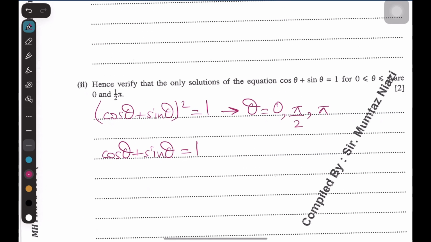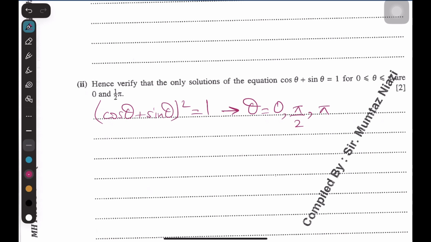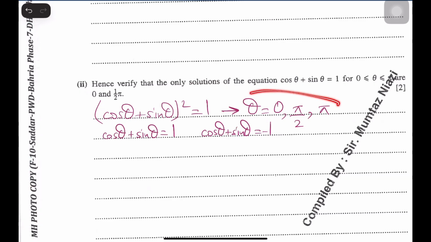So if we work on this equation that we had in the first part, we can shift the square to the right and we'll get cos theta plus sin theta equals square root of 1, and we'll have a positive and negative. So we basically have positive 1 and negative 1. So we have cos theta plus sin theta equals positive 1, and cos theta plus sin theta equals negative 1. So the solutions for the above equation are 3.